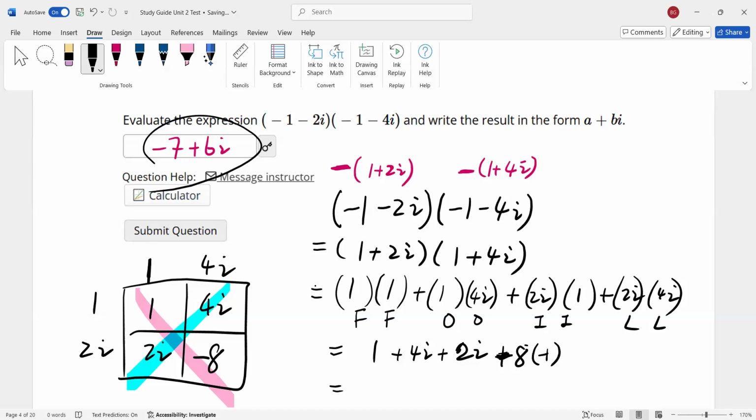So you can combine like terms. 8 times negative 1 is negative 8, plus 4i plus 2i. Combine like terms, we have negative 7 plus 6i.